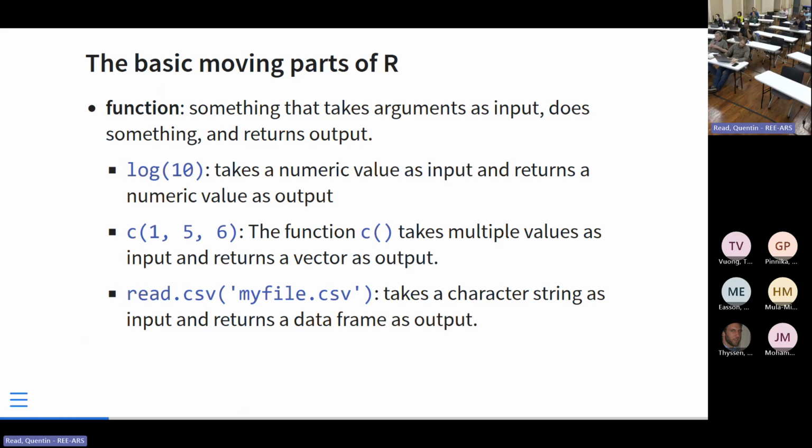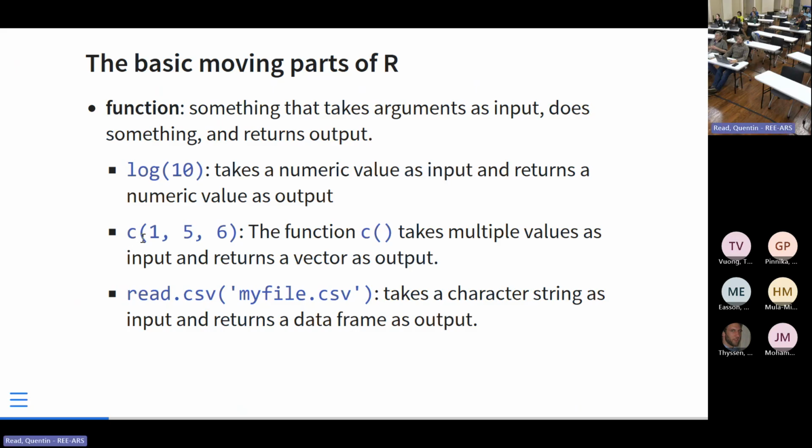For example, log is a function in R. It takes a number and comes back with another number, the natural logarithm of that number. Functions always have a text name and then parentheses, and the inputs of the function go in the parentheses. So log(10) means take the input 10 and take the logarithm of that.